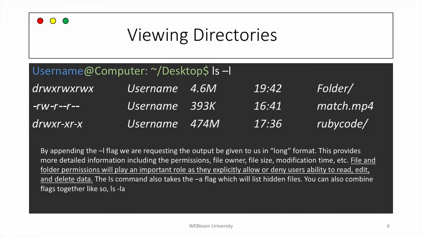You can also append the -a option, which is going to give you all of the information. So you could have the long list, you could have all information, you could do ls -a, ls -l, ls -la. You can combine options together as well.